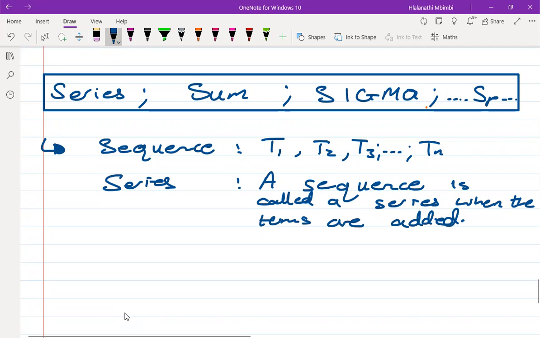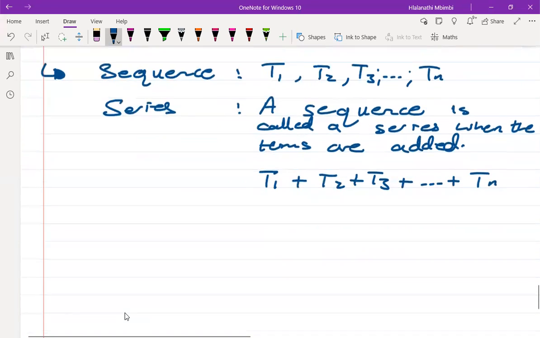So if we start talking about T1 plus T2 plus T3, then that's a series, right? So we're going to talk about the series, sum, sigma, and some special cases for sigma.